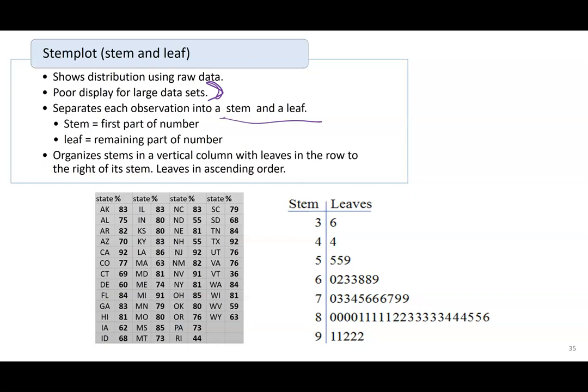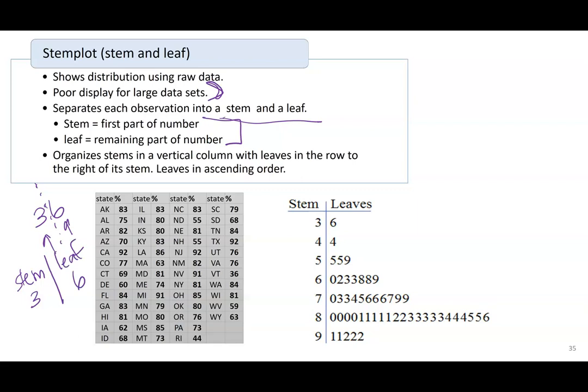And we will practice this, although not with this exact data set. So the stem is the first part of the number. So if I have the number 36, and I were to draw a line between the ones place and the tens place, my stem is 3, and my leaf is 6.